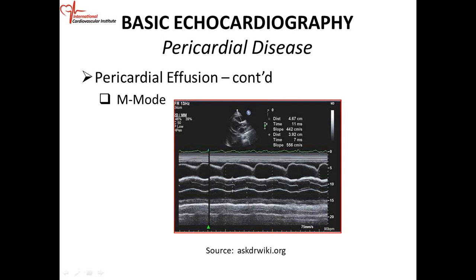So it is diastolic collapse. So this is M-mode evidence of tamponade, because the collapse is occurring during diastole. Remember, the aortic valve opens in systole, so it closes in diastole.